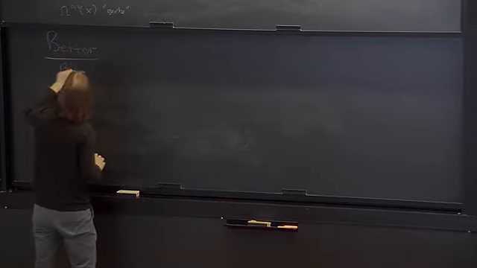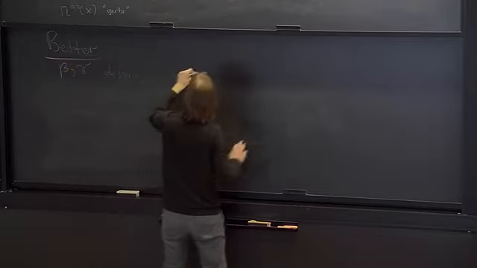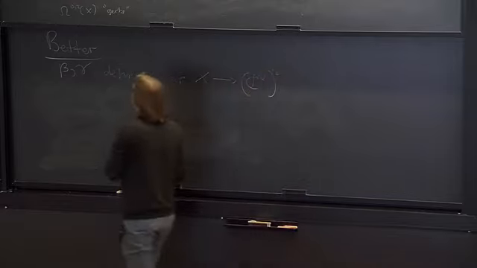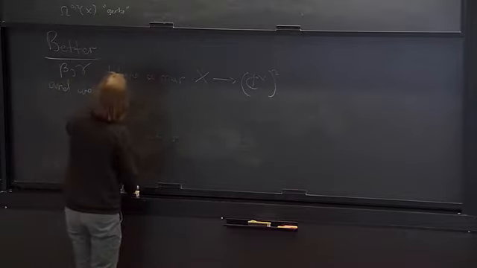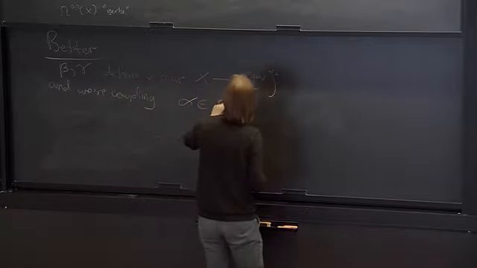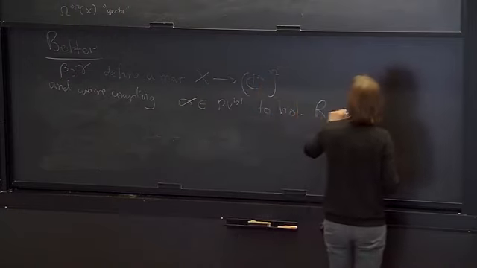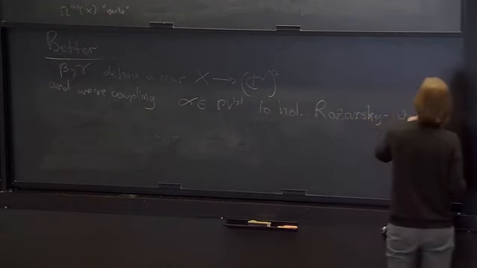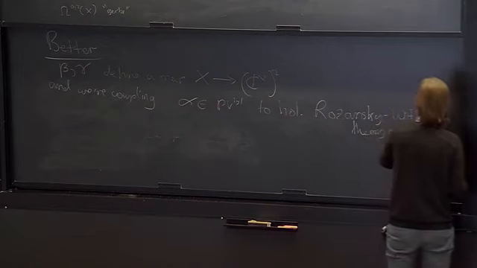Beta and gamma define a map from X to C star squared, and we're coupling alpha to holomorphic Bolzanski-Witten theory on C star times C star.